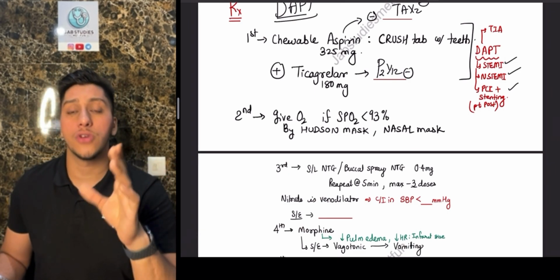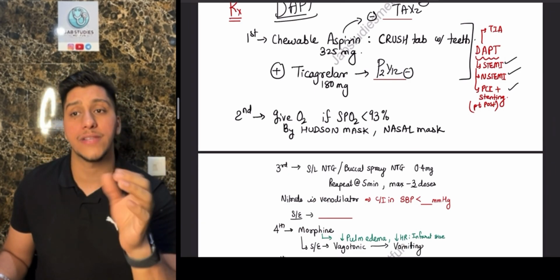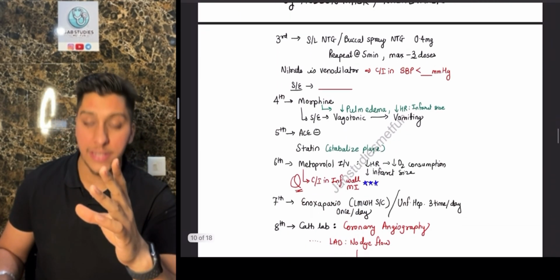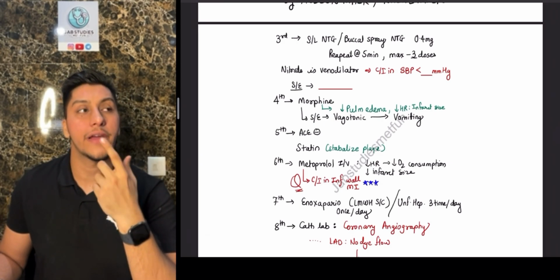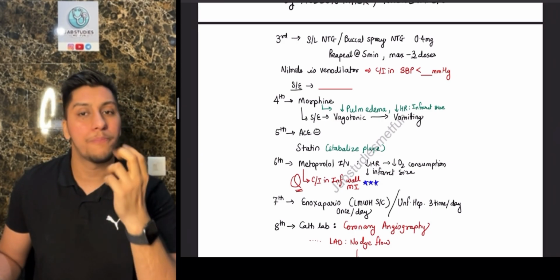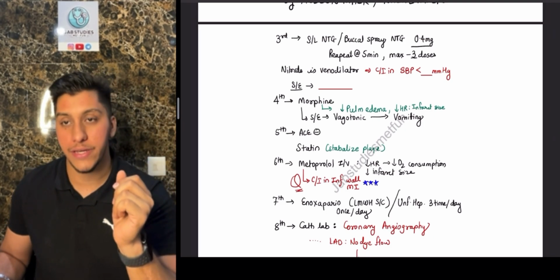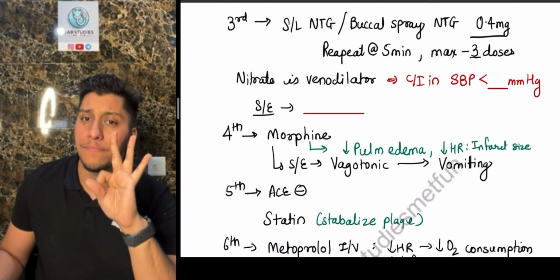After giving dual antiplatelet, you will check the oxygen by pulse oximeter. If the patient's oxygen is less than 93, you will give them the Hudson mask, the normal mask, or the nasal mask. Okay. The third one is you're going to give the sublingual nitrate. Either you'll give the sublingual nitrate put below the tongue, or you will use the buccal spray. The dose of the buccal spray is going to be 0.4 milligram. You're going to repeat this dose every 5 minutes, maximum 3 times.